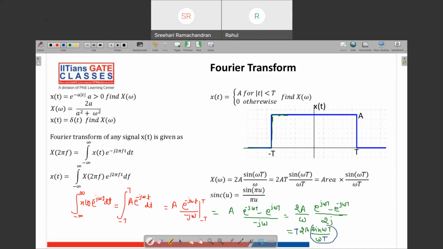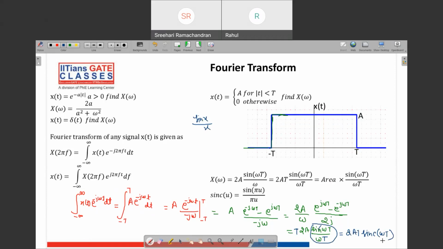This thing we call a sinc function, sin x by x form, sin x divided by x. So it is equal to 2aT sinc of omega capital T.